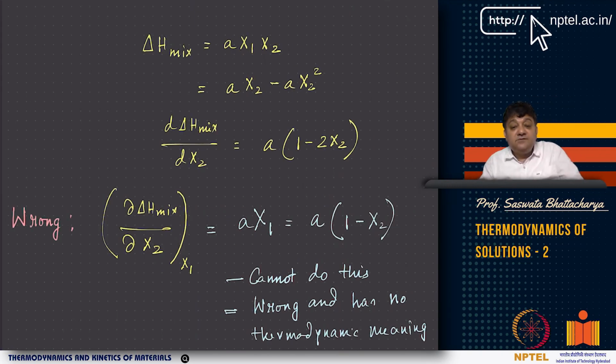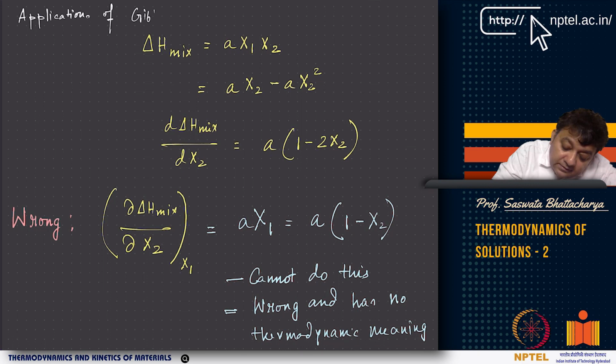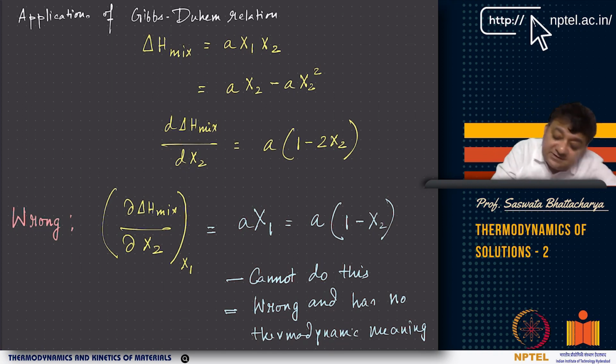Now this is one very important thing, called the application of the Gibbs-Duhem relation. Let us say that delta H mix, the enthalpy of mixing, is given by this expression.